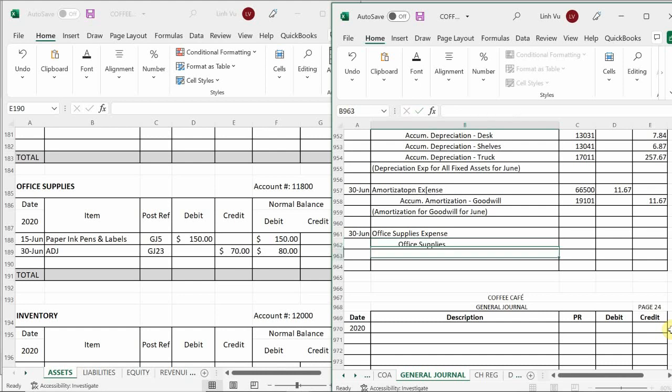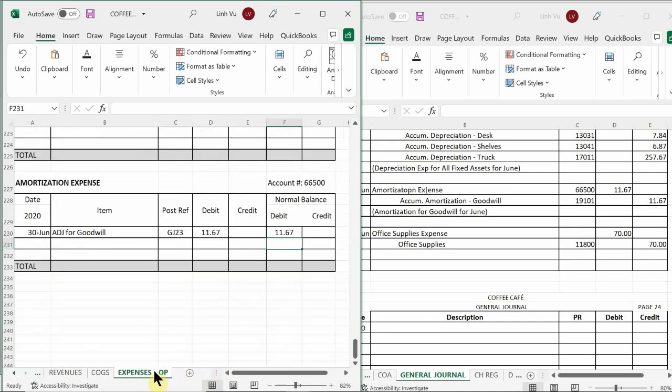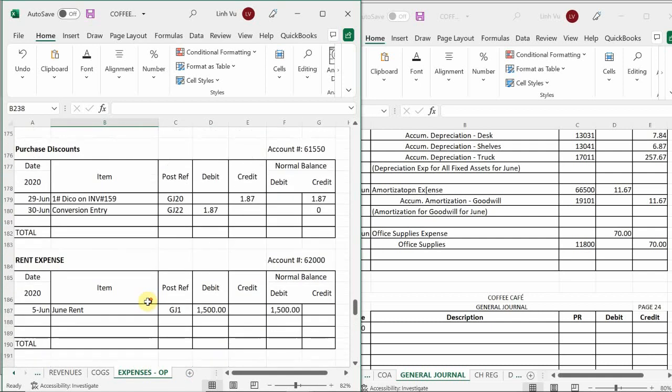It's going to be taken directly out from our office supplies because we have to reflect our books to see how much we actually have left on hand. So if I used $70, that's going to tell me that I have 80 left on hand. In this case, I already entered it into my ledger. So let's see what my office supplies expense account is.